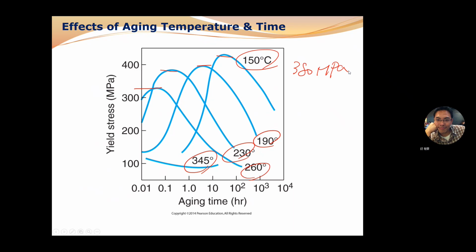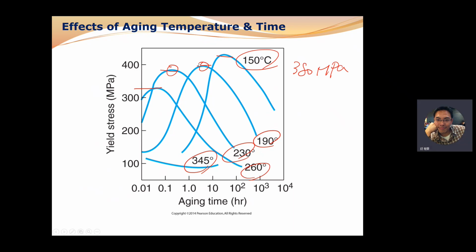I will use a temperature of 230 Celsius. Well, you may ask, the temperature 190 provides a higher yield stress, right? At this point and this point, it's similar. However, the aging time is a huge difference.